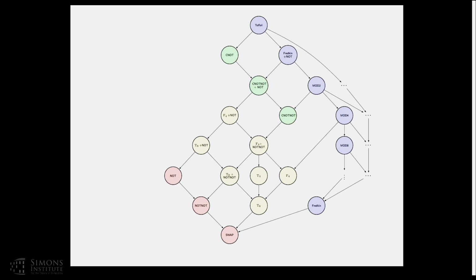So basically, you follow these arrows up to here and follow these arrows up here. This is the least common ancestor of mod 4 and not, and you get to this Fredkin plus not class. So basically, it leads to a very quick decision algorithm for deciding whether or not reversible gate classes are the same or not.